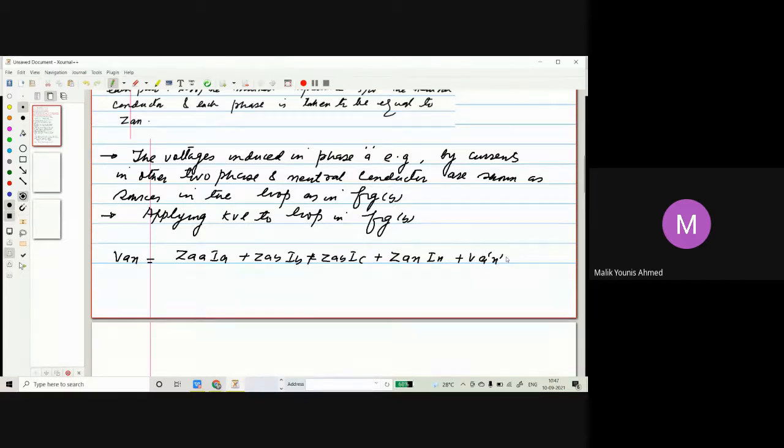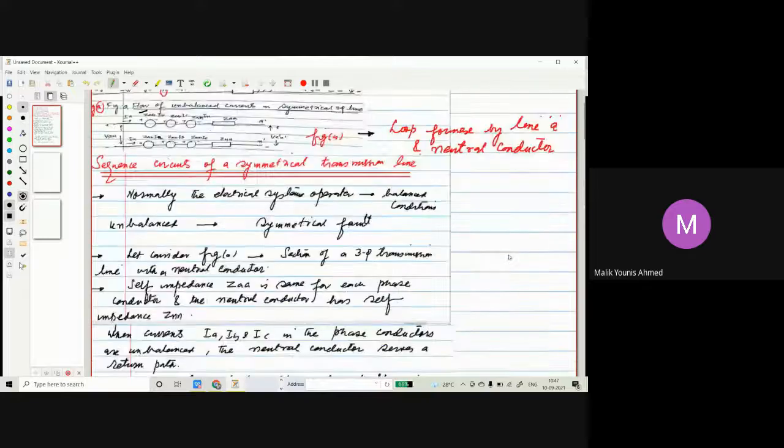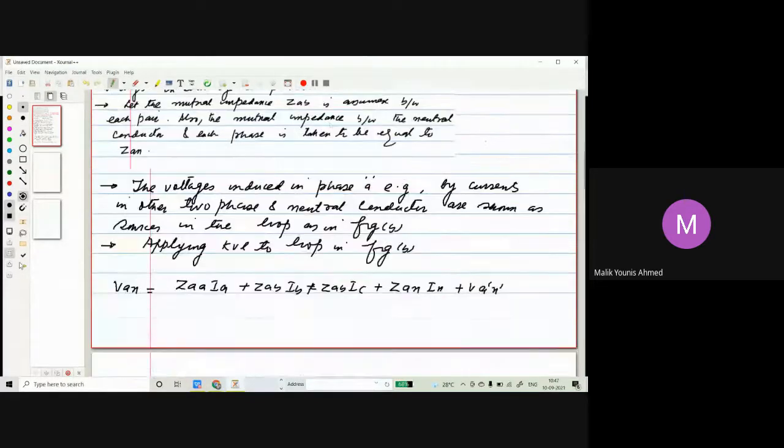You can very clearly see here. So ZAA IA first positive sign will take, then ZAB IB, ZAB IC, ZAN IN, then here also positive sign, VA dash N dash, that's a positive sign.